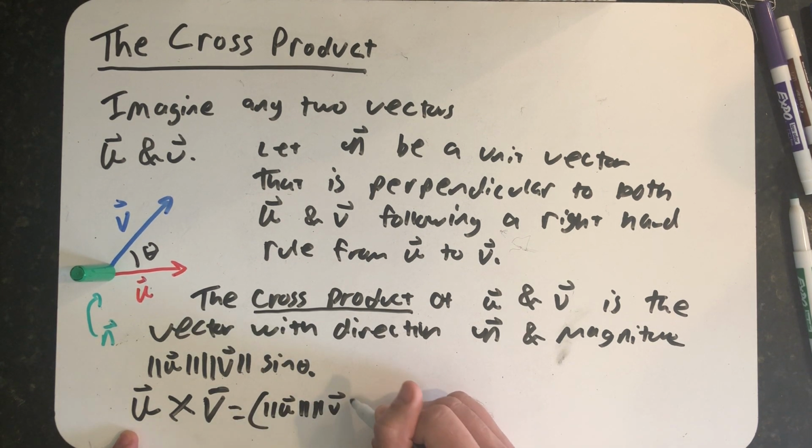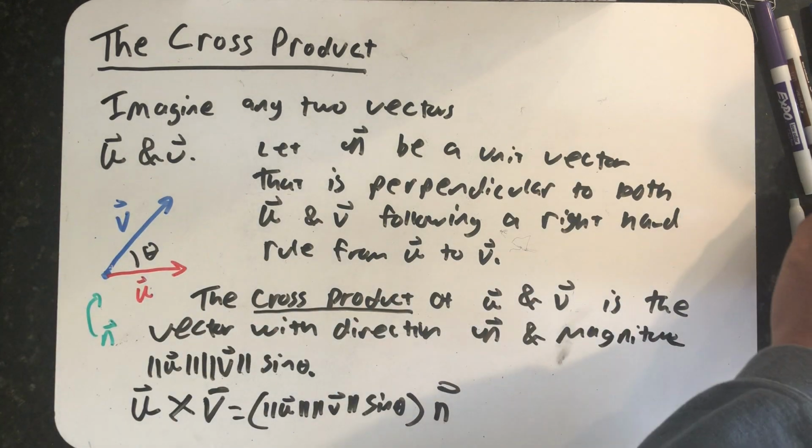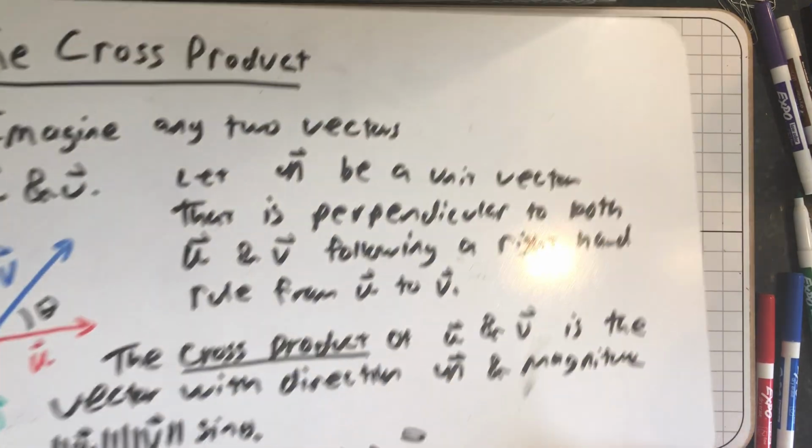And of course, we can always write down a vector as a product of its magnitude and its direction. Okay, so I calculate this magnitude, I multiply n by it, and I get some vector that I call u cross v. Now, let's think about that magnitude for a minute. So I have two vectors, u and v.